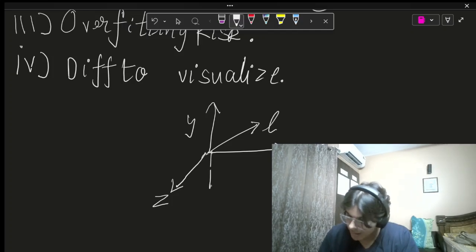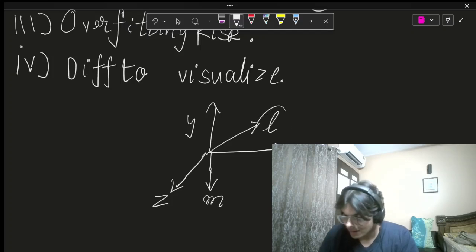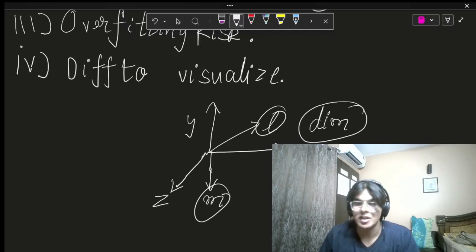Then a fifth, I can make an m-axis. But this is not a clear visualization, right? This is not intuitive at all. We don't know what planes this and this is lying in. So whenever the dimensionality of data increases, it becomes very difficult to visualize it, especially in a natural way that we usually do.